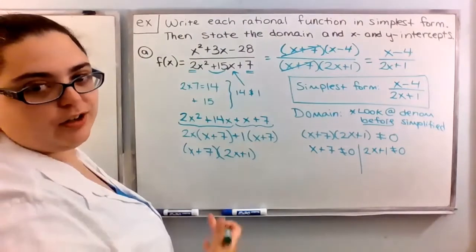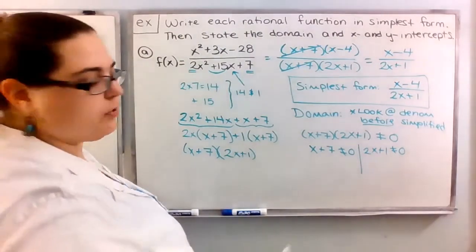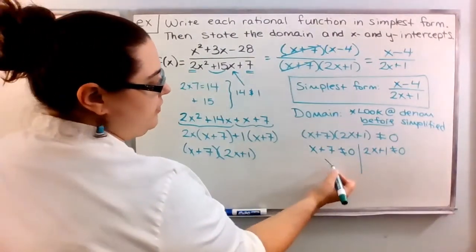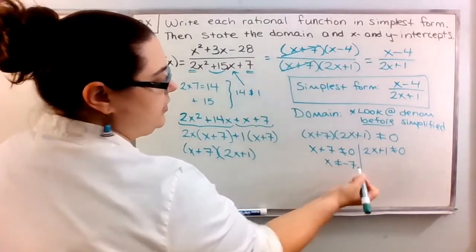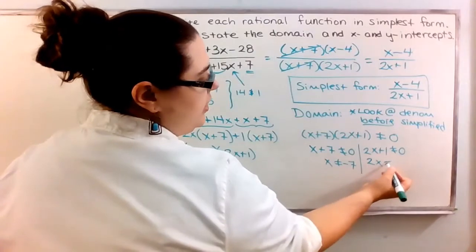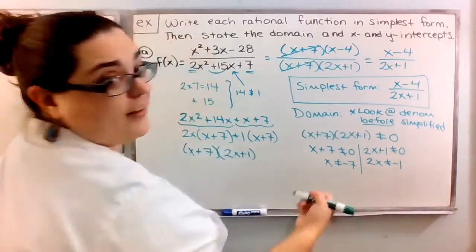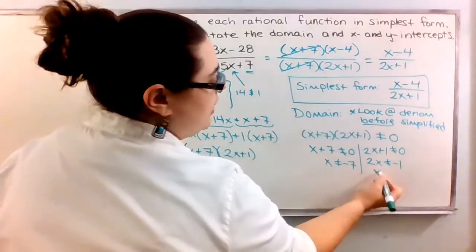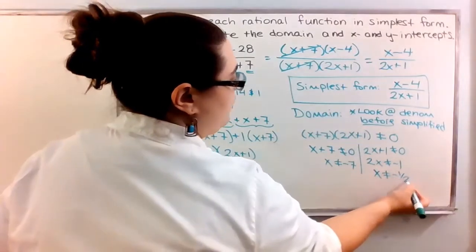And then these are linear sorts of things, so we can solve this pretty easily. Just subtract 7, so x cannot be negative 7. And here we'll subtract 1, so 2x cannot be negative 1. And then we'll divide by 2, so x cannot be negative 1/2.